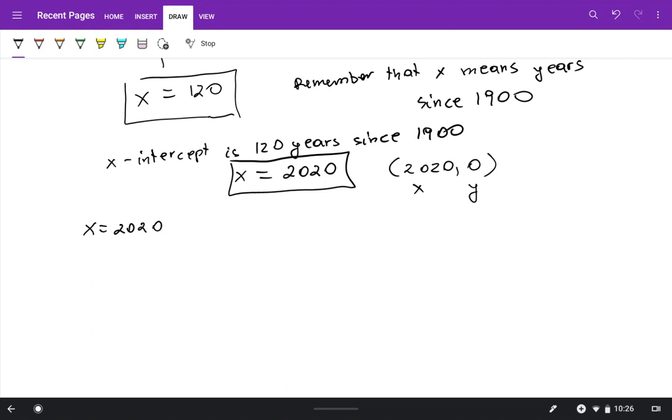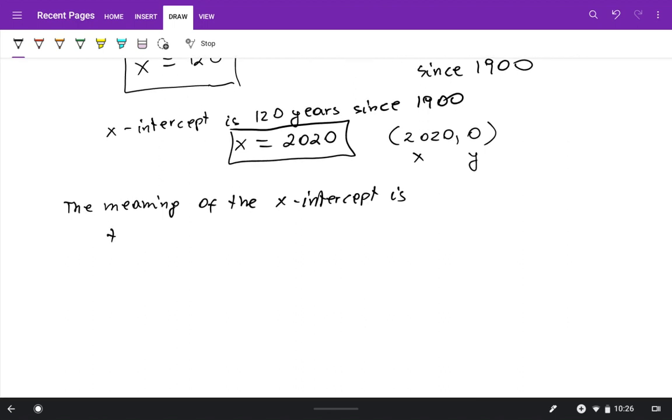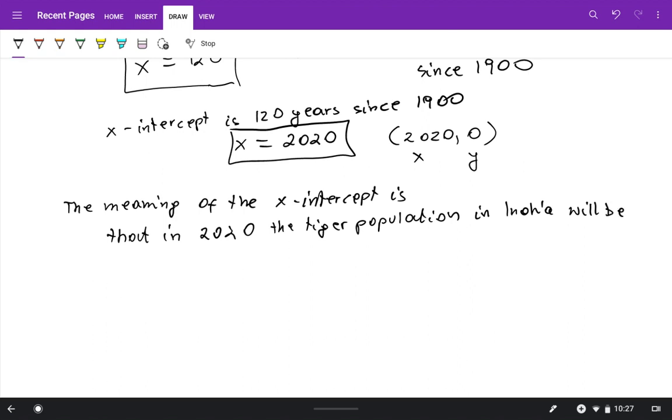So the meaning of that x-intercept is that in 2020, we are right now in 2020, the tiger population in India will be, or is, 0.